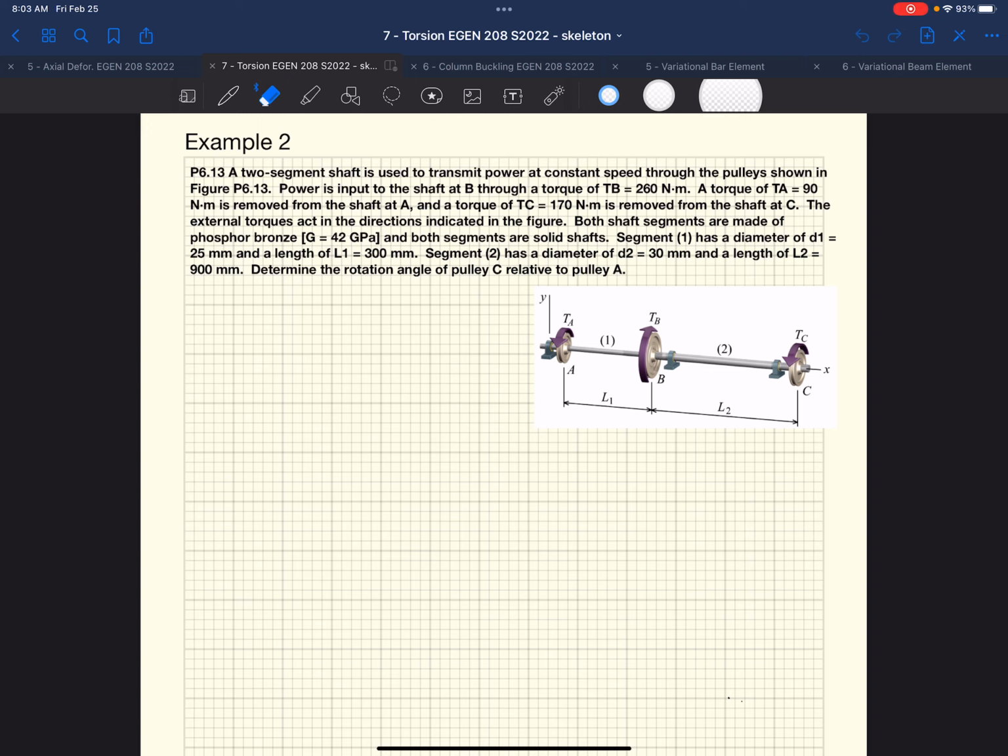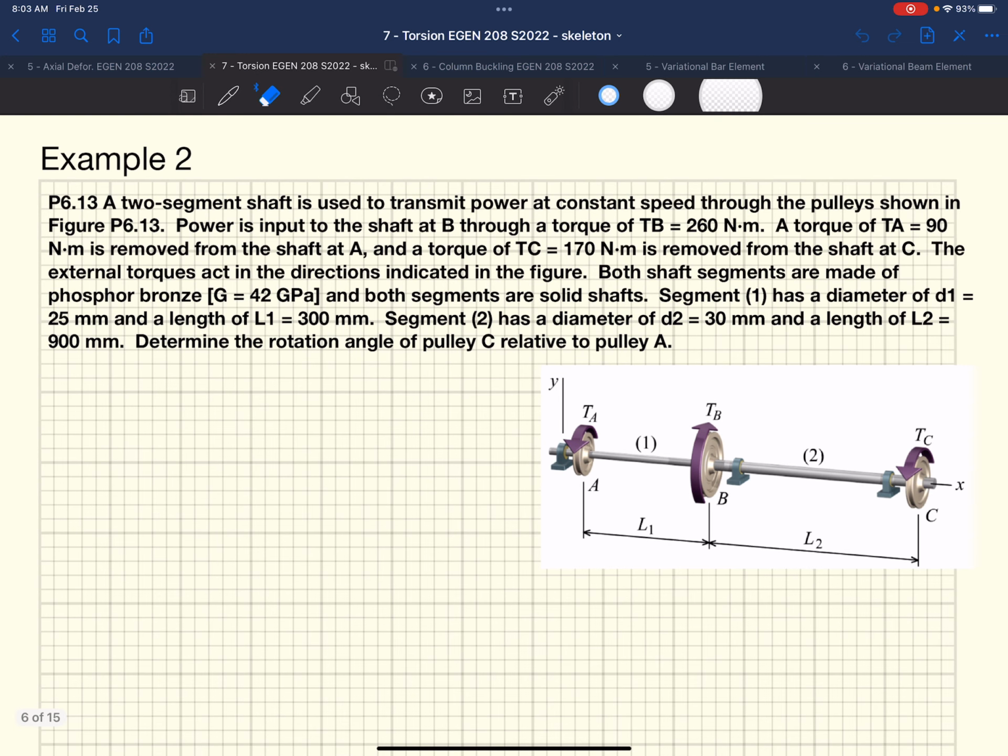So really, over this problem statement, we have a two-segment shaft. There are essentially two different shafts, shaft 1 and shaft 2. Power is input into the shaft at B, so at the center of the shaft we have input power, which we're going to talk about here in a little bit. Maybe not today, but Monday for sure.